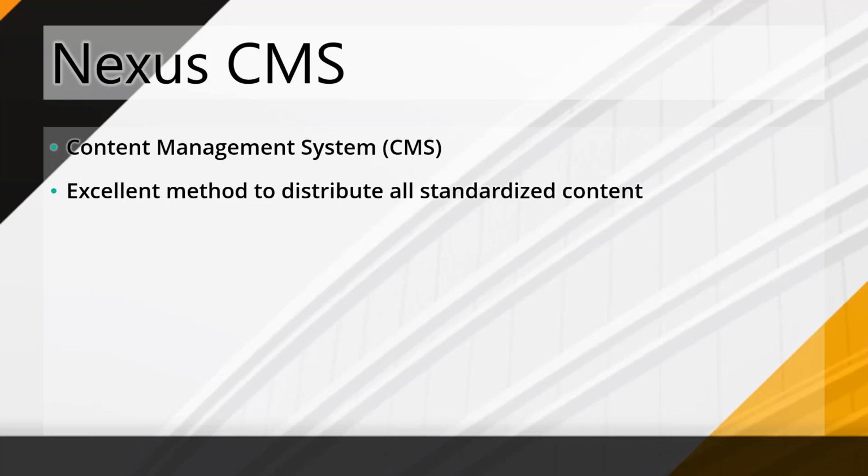This Nexus Suite, along with all the data logging, along with that live standards encouragement, along with some of the other features, gives you the ability to distribute all of your standardized content, whether that be Revit content here, whether that be AutoCAD content, maybe you're talking about project standards documentation, maybe you want templates and workflows, anything that you need to distribute in a standardized way to your entire team, no matter where they are, you can distribute very easily via the Nexus CMS.